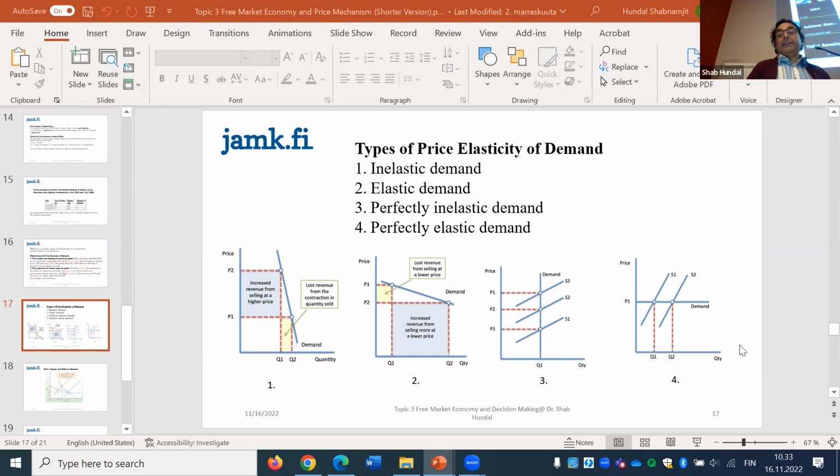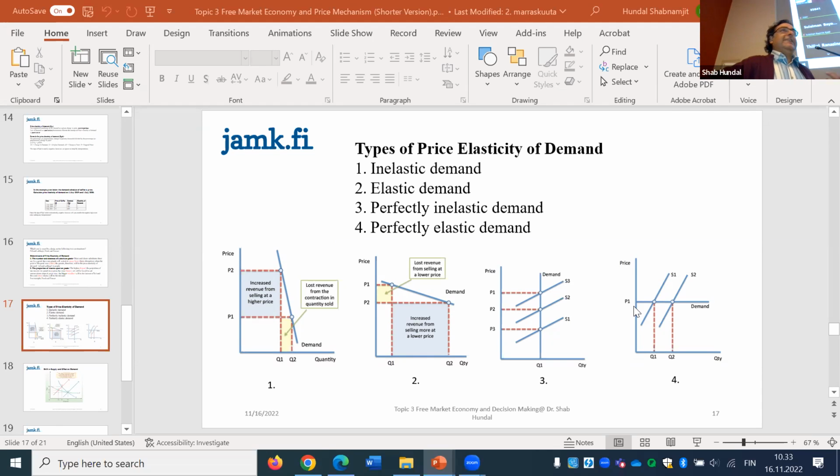And then this is another extreme example. I don't know whether I can find some example for it or not. This is ultra sensitive demand. There's a minor increase in the price, demand becomes zero. Absolutely, you stop consumption. The price, there's a minor decline, demand becomes infinity.